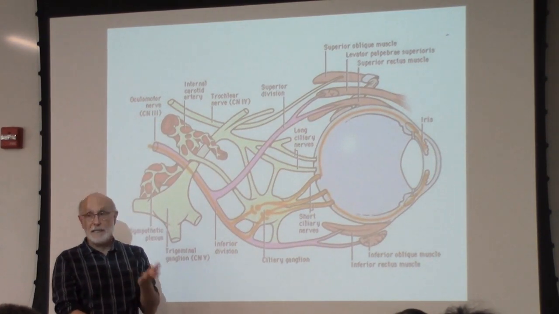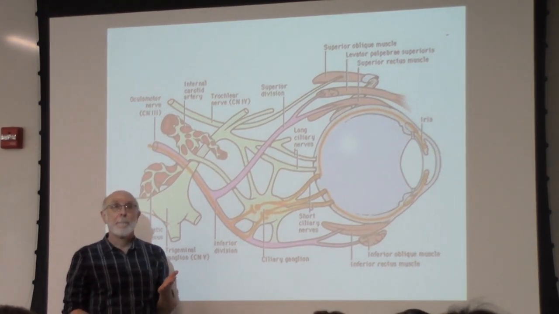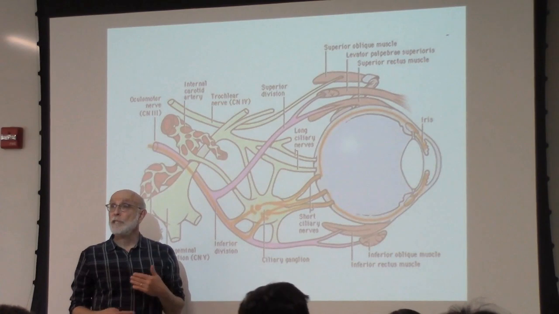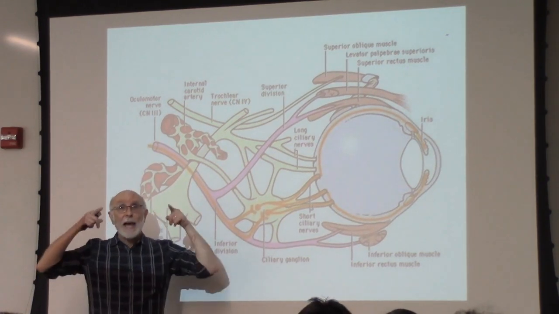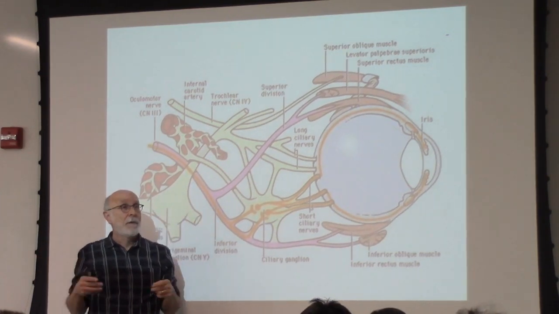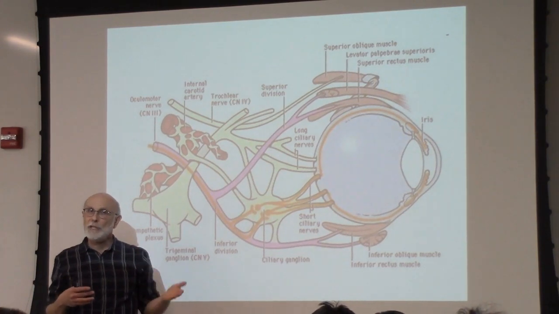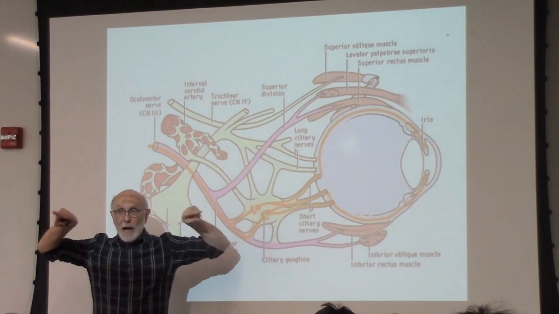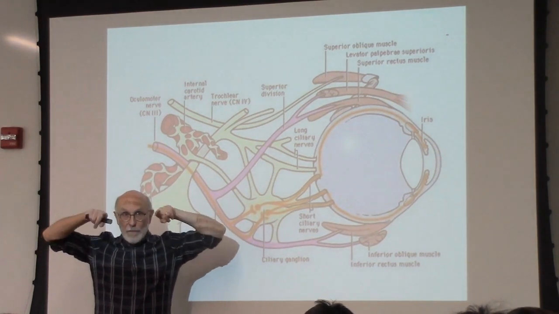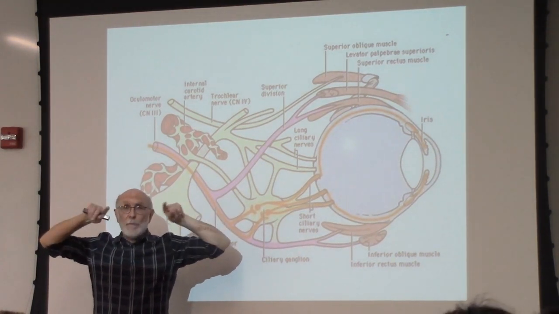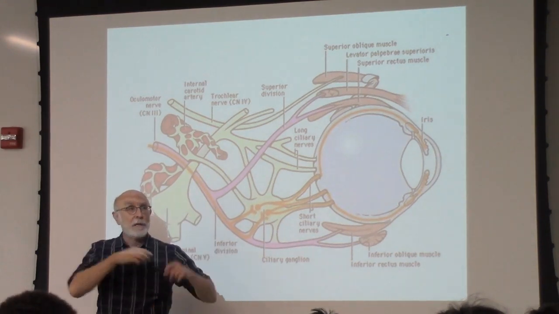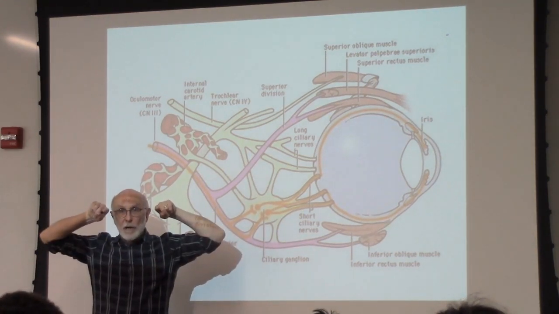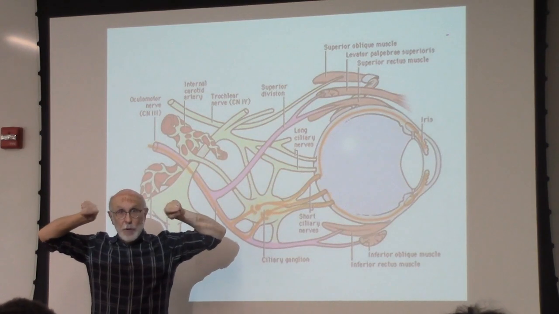Okay, let's do the next simplest one. The abducens nerve innervates the lateral rectus muscles. The name helps you. Abducens, abduction. To abduct the eyes is to move them away from the midline. So the abducens nerve is what causes contraction of the lateral rectus muscles on both sides.